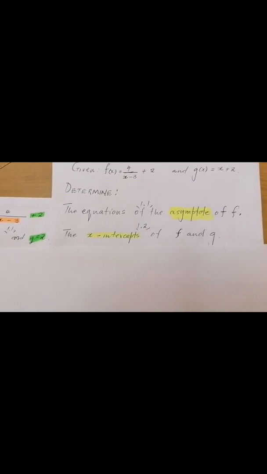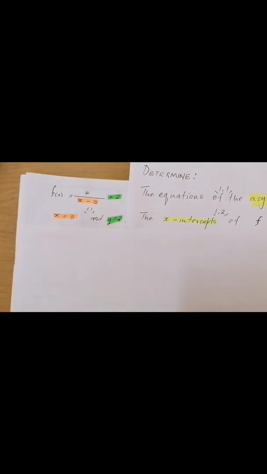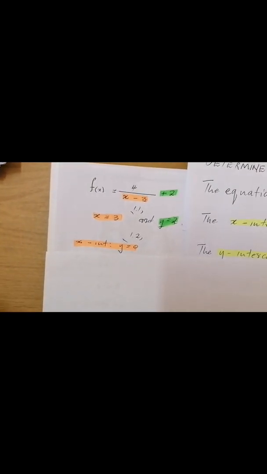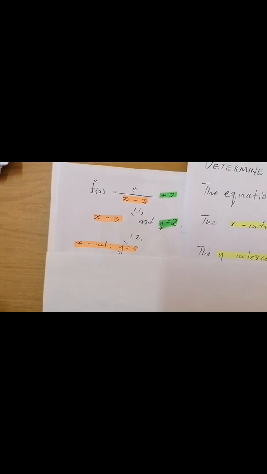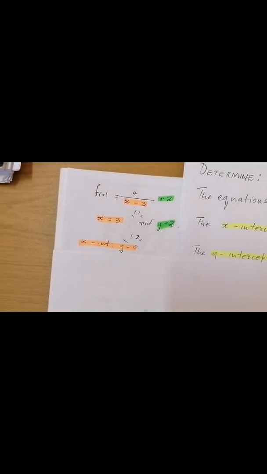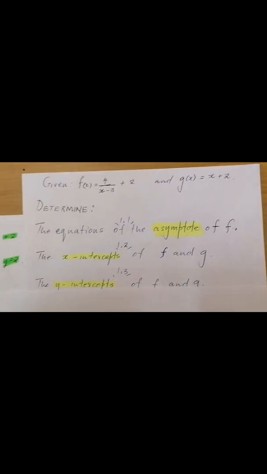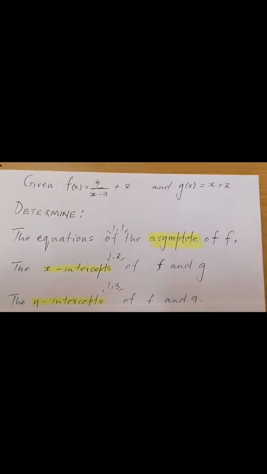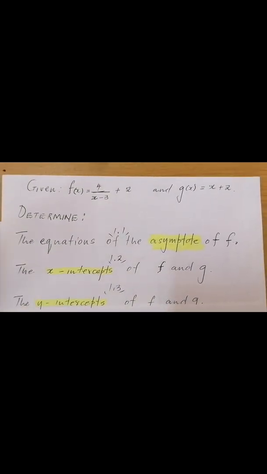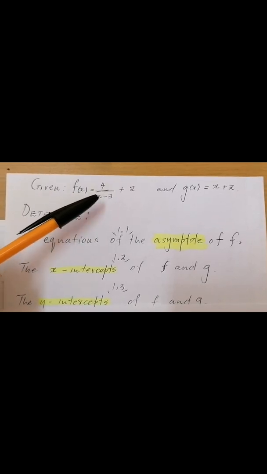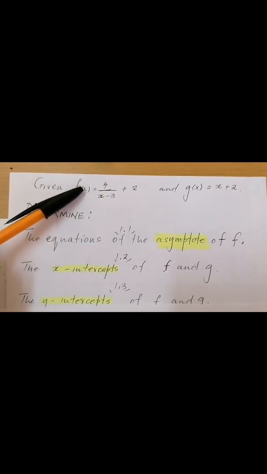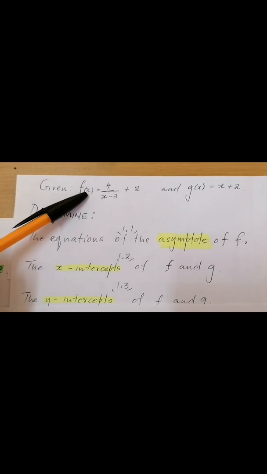Now, what do we know from our mathematics? We know that for an x-intercept, the value of y must be equal to 0. In other words, I need to tell the examiner that when I'm looking for the x-intercept of this function, I would make y 0.